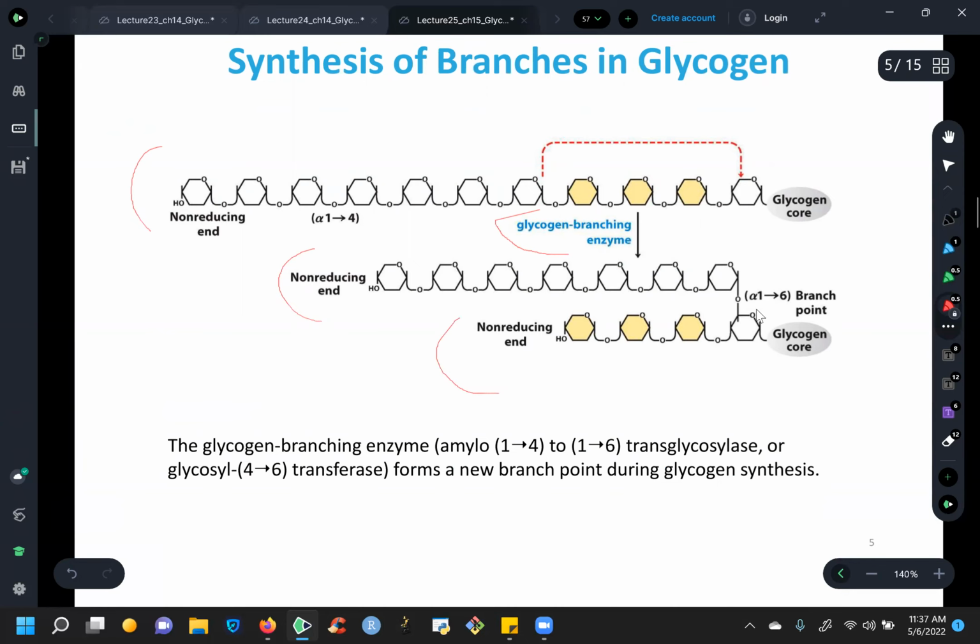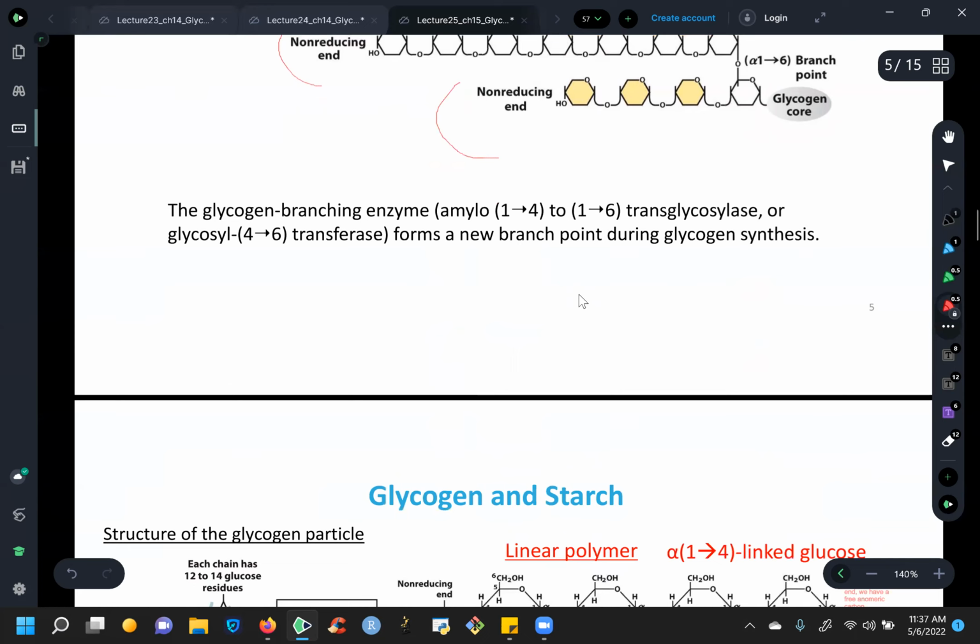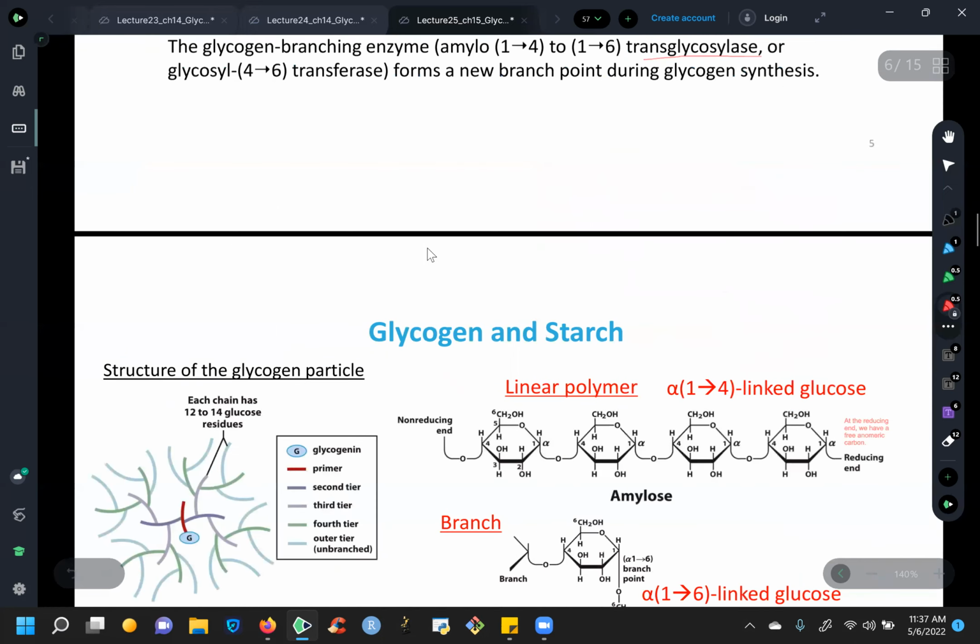So they might ask you a question on the final about the connections. Alpha 1,4 is for linear and alpha 1,6 is for branching. The glycogen branching enzyme, amylo 1,4 to amylo 1,6 transglycosylase or glycosyl 4,6, forms a new branch point during glycogen synthesis.